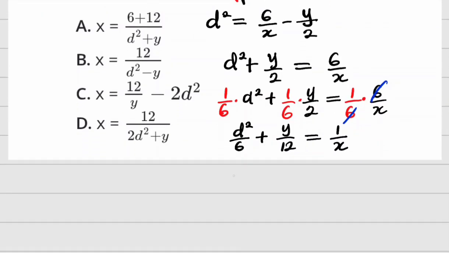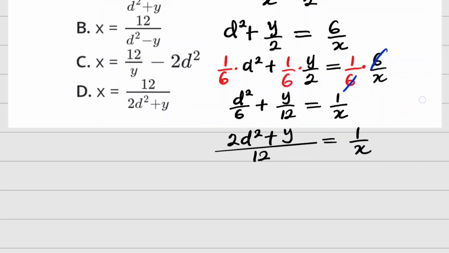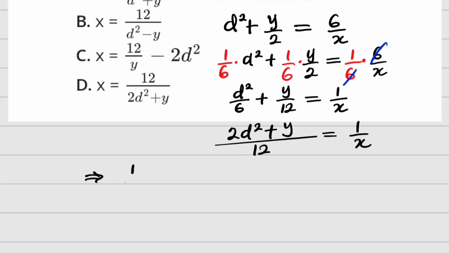If we simplify the left hand side, we see that our LCM here is 12. So 6 in 12, that's 2. 2 times d squared, we have 2d squared, plus 12 in 12, that's 1, 1 times y, that is y, is equal to 1 over x. We are looking for x, not 1 over x.